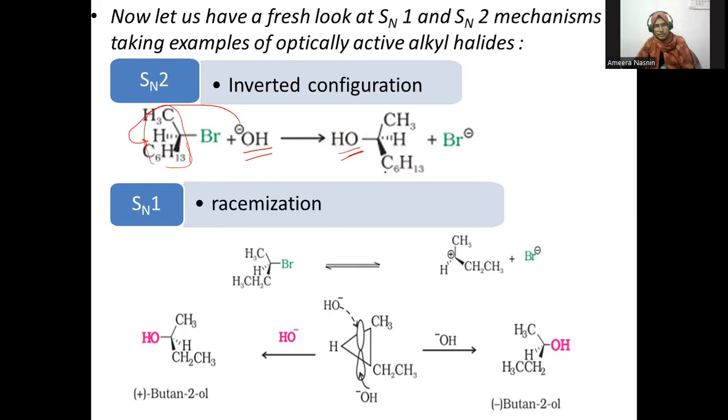So we are getting this type of product where there is an inversion of configuration. So in an SN2 reaction, there is a complete inversion of configuration.